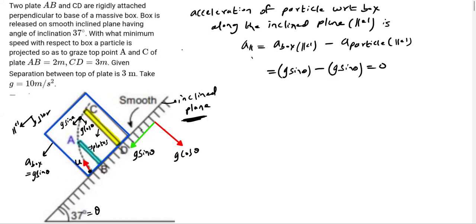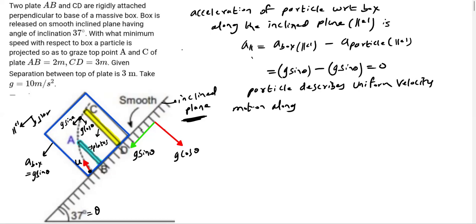So what conclusion do we make? The particle describes uniform velocity motion with respect to the box along the incline.